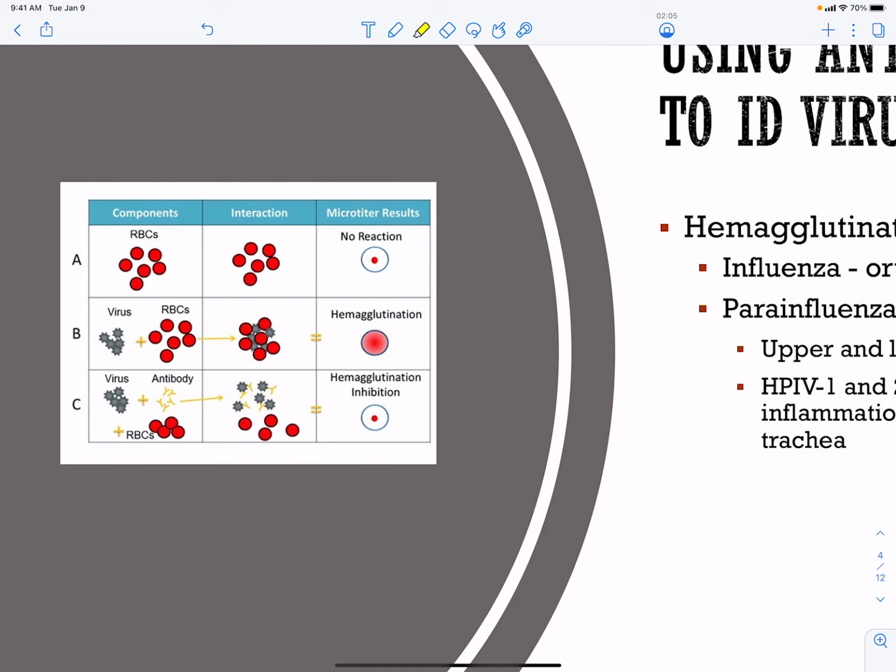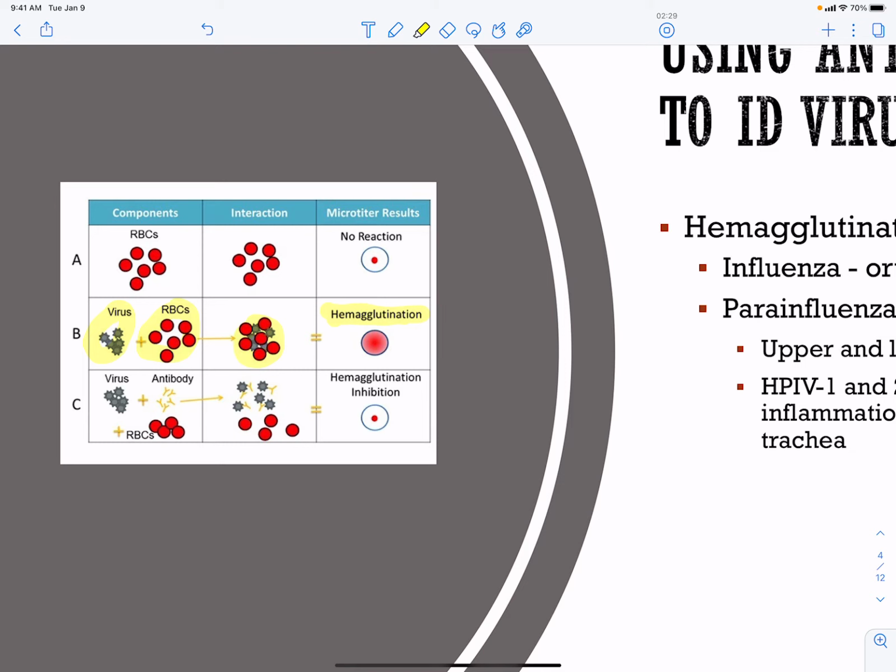There are some viruses that have H proteins, hemagglutinin proteins, on their surface. What basically happens is you add the virus, like an influenza virus or parainfluenza virus, and you add red blood cells, and the virus will bind to the red blood cells and cause clumping, agglutination. You can actually visually see this in a test tube. It's pretty easy to detect.